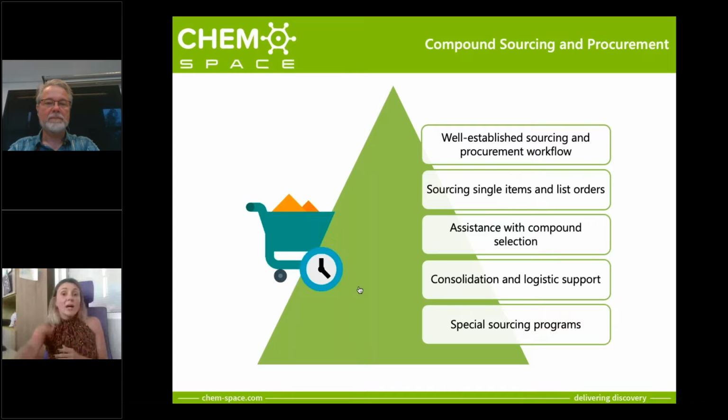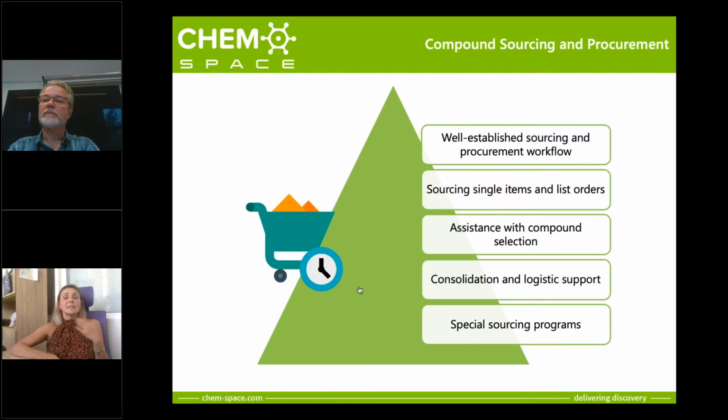If you still do not find the right molecules, or you're having some troubles with this search, you can always contact our account managers. Our team is very experienced in sourcing compounds because we have a well-established sourcing and procurement workflow.